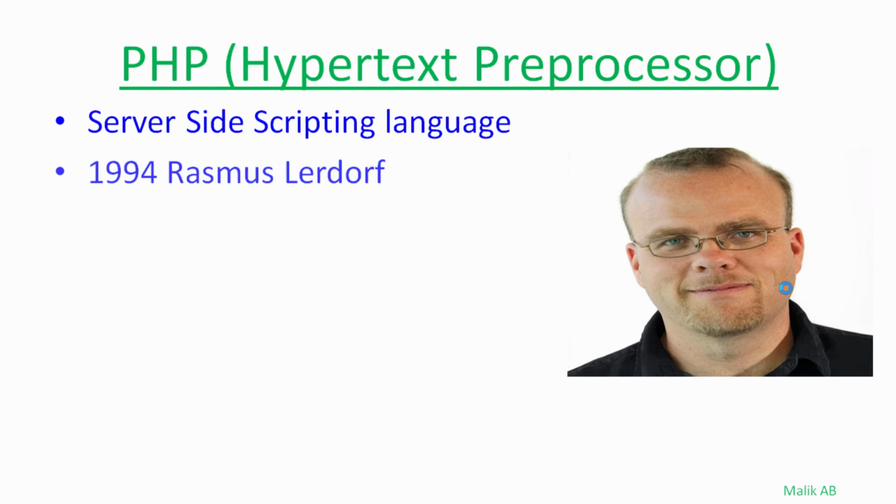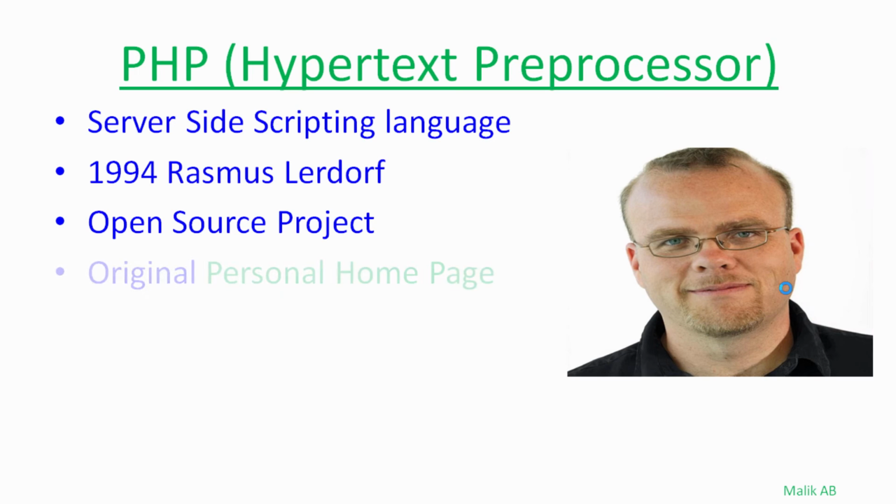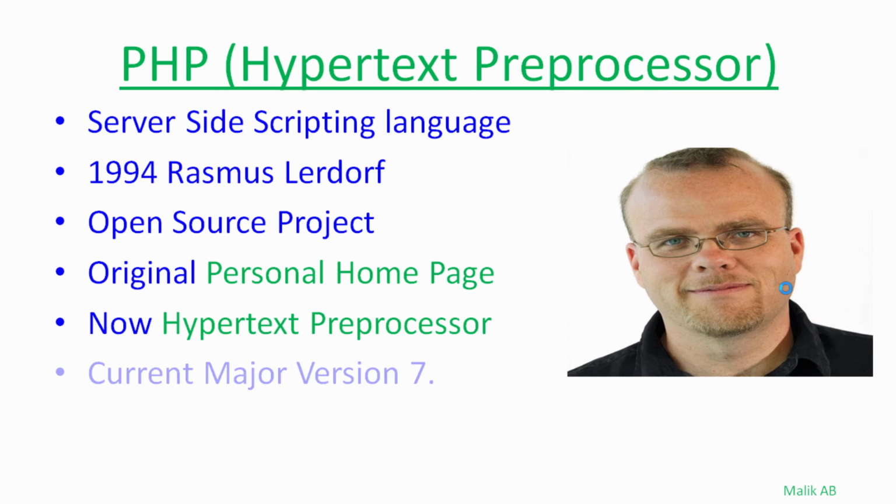PHP was invented by Rasmus Lerdorf in 1994. Rasmus Lerdorf belongs to Greenland and currently has nationality of Canada. It is an open source project. Open source project means that you can do changings as per your requirements. Its original name was Personal Home Page, but now it is called Hypertext Preprocessor.